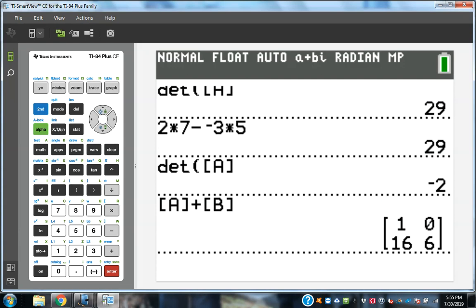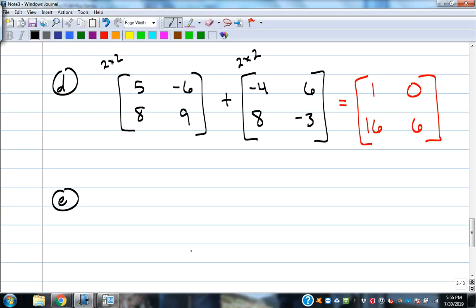I generally do not do adding and subtracting of matrices in the calculator just because I'm faster at just doing the math, because you're just matching up spots. So the calculator will do it, but I don't think it's beneficial. It doesn't save you much time. Might save you some worry about whether you did the math right or the subtraction correct. But I can just type in each individual problem faster than I can type the matrices in and go back and forth and pick them up.